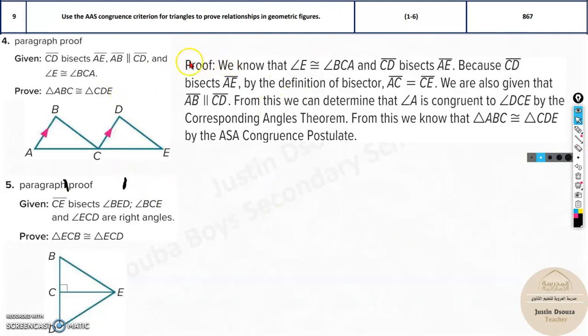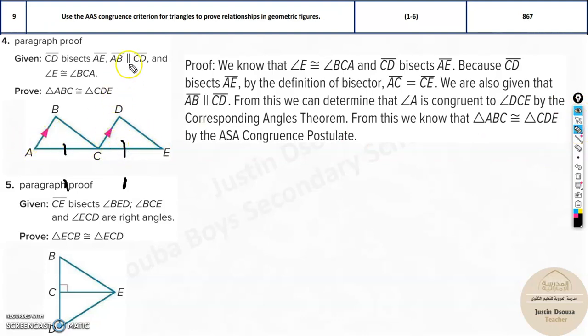Over here, it's again the same. All the proofs are written. Just go through it. They have given a lot of information. Just find which is angle, side, and angle, and then you can easily solve it. Over here, they have already mentioned CD bisects AE. So this line is bisecting AE. That means AC and CE are equal.